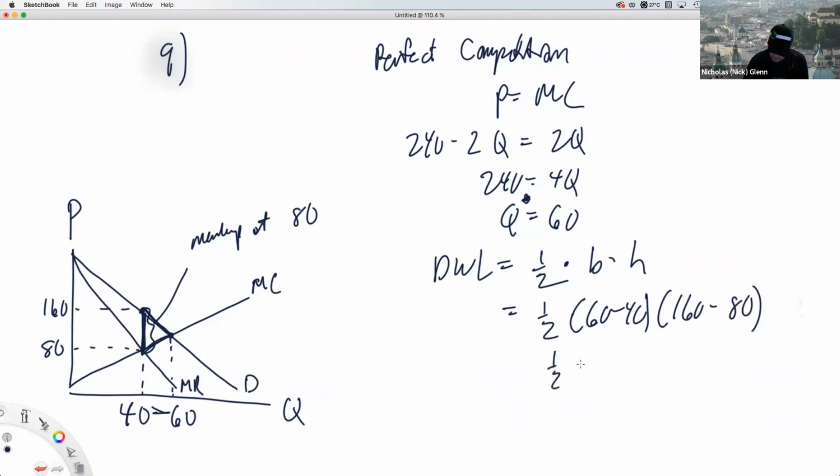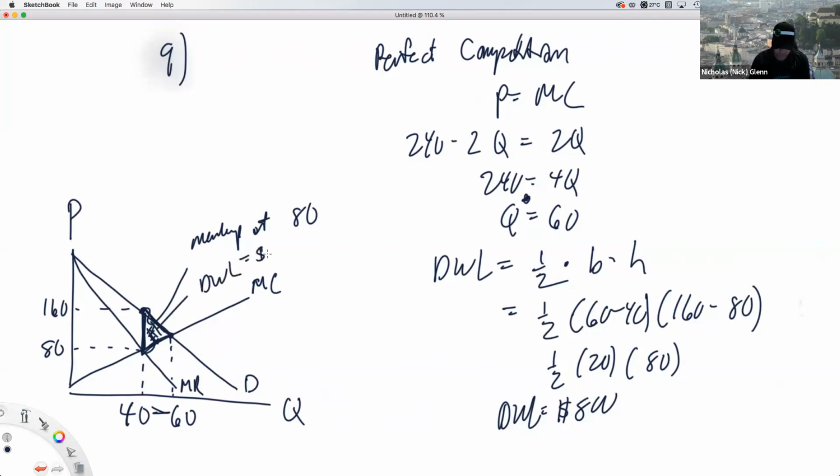All right, so this is going to be 1/2 times 20 times 80. So 1/2 times 20 is 10. So it's essentially going to be $800. This is our deadweight loss here. This is what's represented here in this little section right there. All right. Deadweight loss. $800.